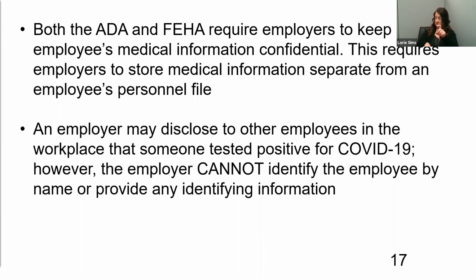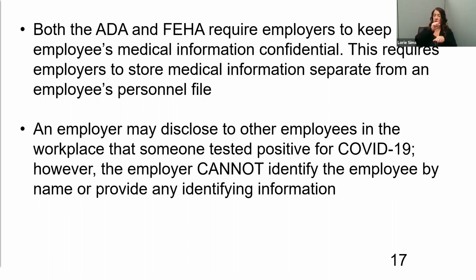So as Pam discussed, there's the Americans with Disabilities Act and the Fair Employment and Housing Act. Under both of those laws, employers must keep an employee's medical information confidential. This requires the employer to store medical information separate from an employee's personnel file.